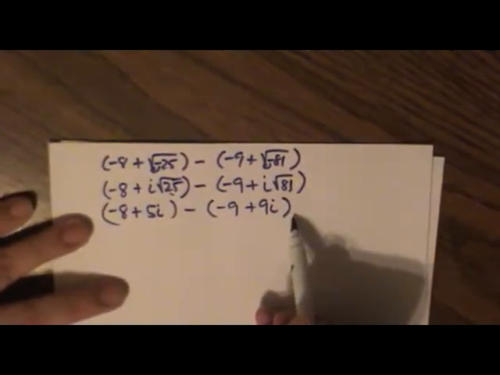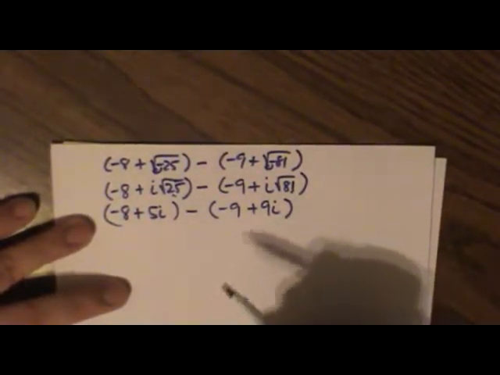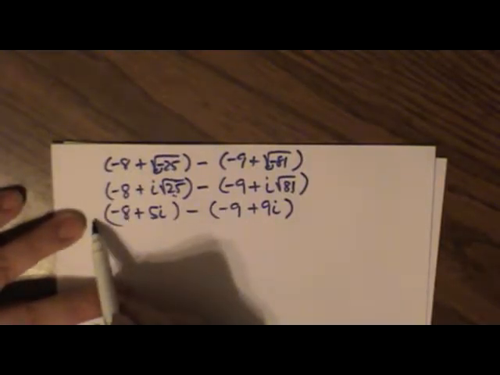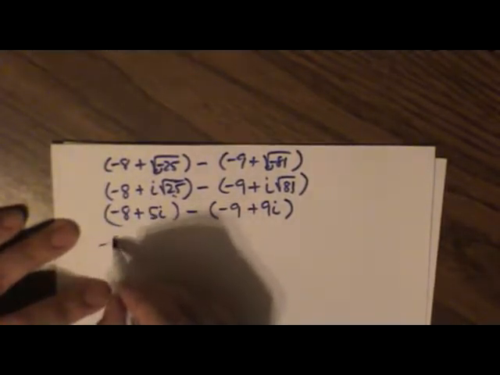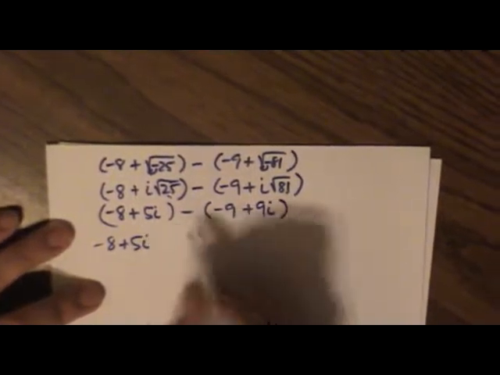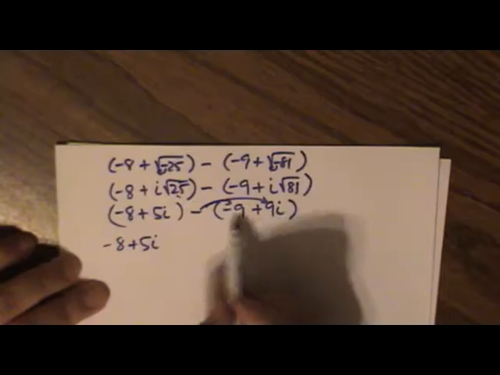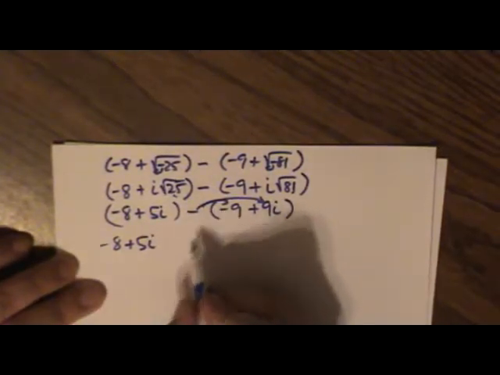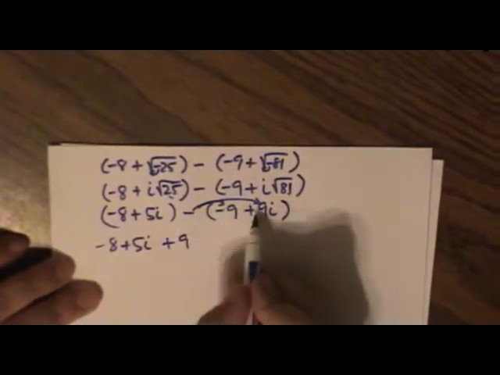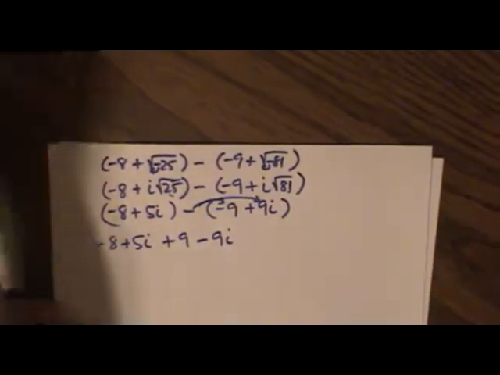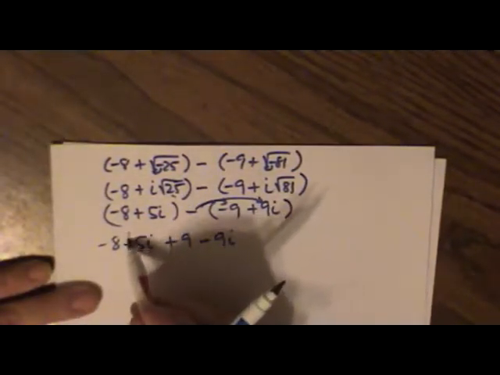Now we're at the same stage that we were in some of the problems that we've already accomplished. We want to get rid of our parentheses. This has a positive out in front, so it's not going to change anything inside. This one has a negative out in front, so we're going to have to change our signs to distribute that negative through. Negative times negative is positive. Negative times positive is negative. Now you're going to look and say, oh, I need to find my i's.